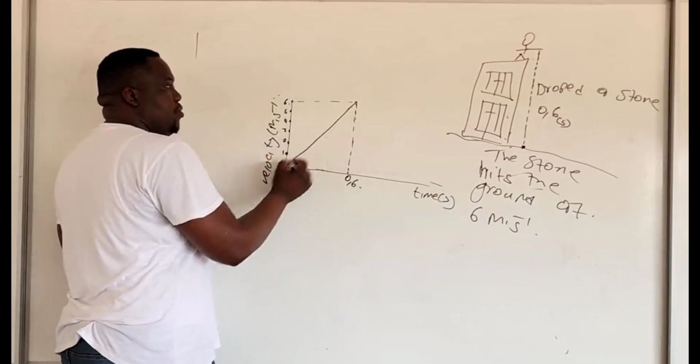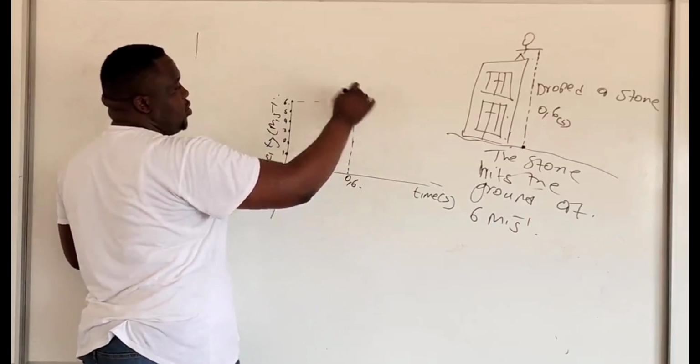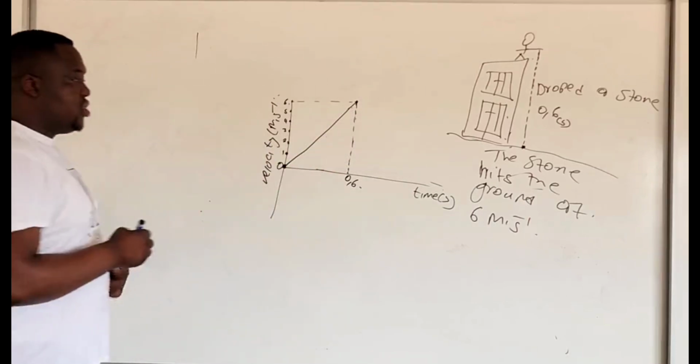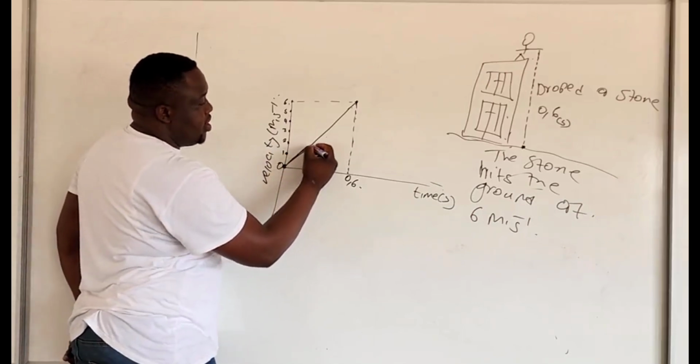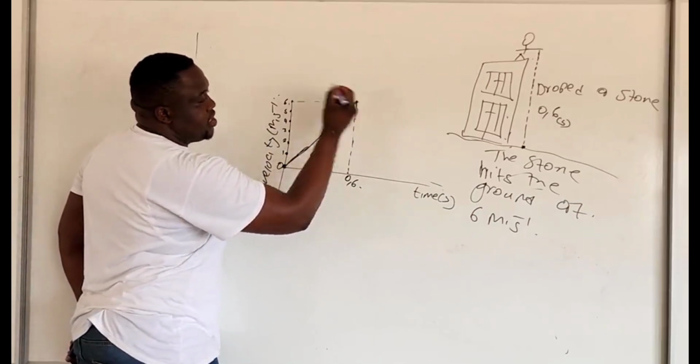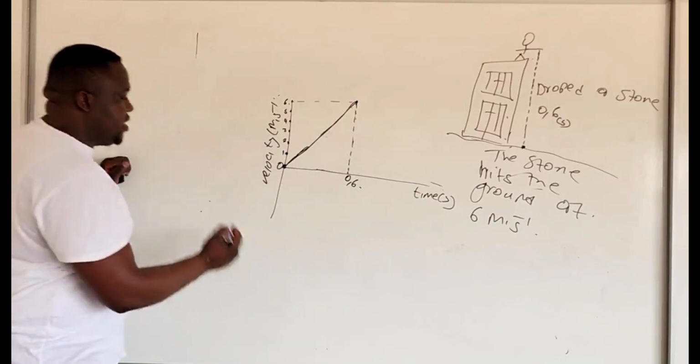So its initial velocity will be 0, and then its final velocity will be 6. You can see it, right? As the object is moving down, velocity is increasing. Understand, right?